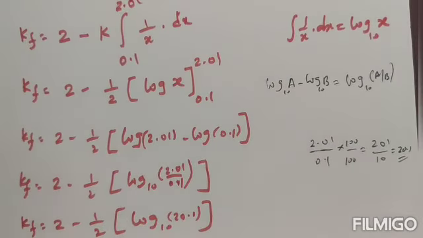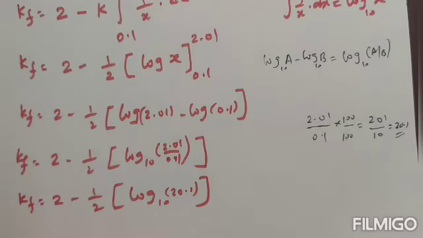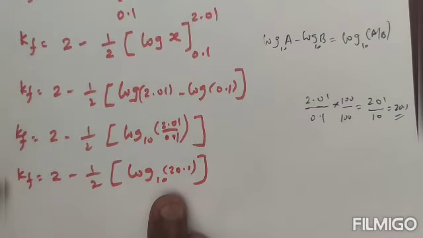Then we know very well from 0.1 to 2.01 up to that limit, here the exponential variation changes. It's not a sudden change. By applying the frictional force it gets a minus sign, so it changes exponentially. But here we can write log 10, this is a normal one.